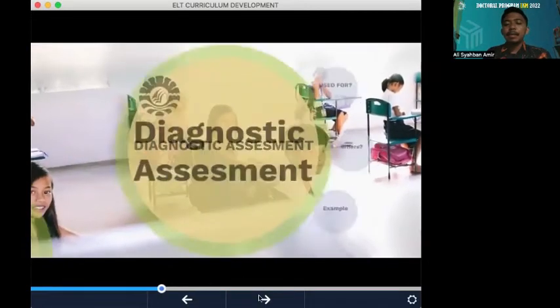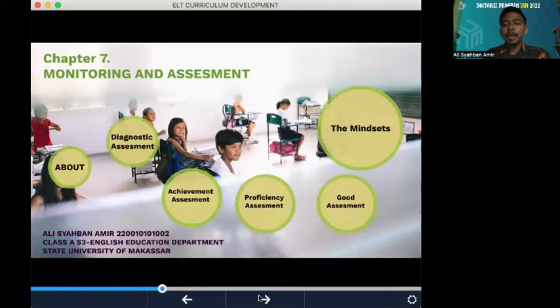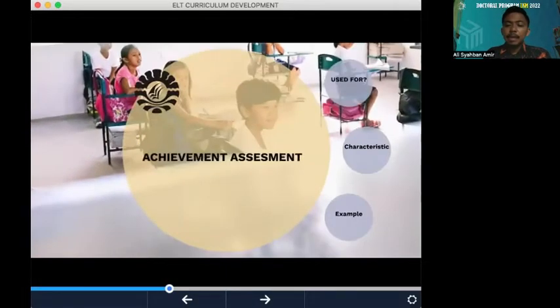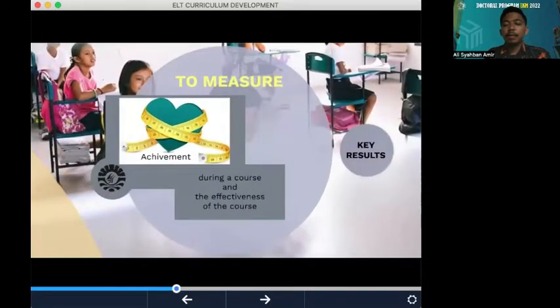And then we move to the achievement assessment. Achievement assessment is used to measure both the achievement of learners during a course and the effectiveness of the course itself.